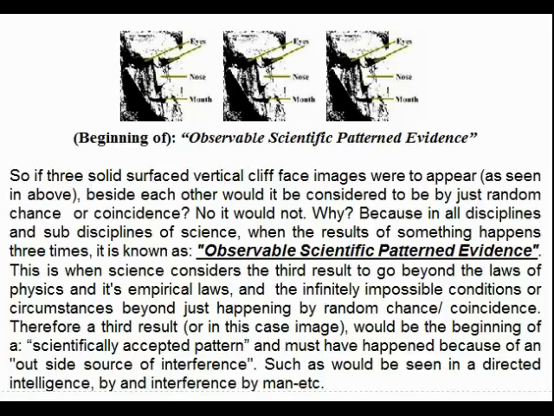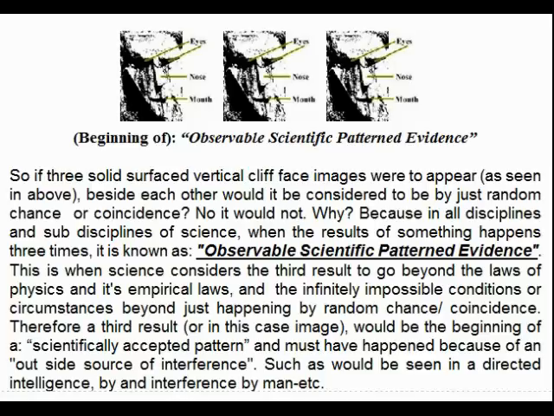Because in all disciplines and subdisciplines of science, when the results of something happen three times, it is known as observable scientific patterned evidence. This is when science considers the third result to go beyond the laws of physics and the empirical laws of physics, and also the probability of mathematics.